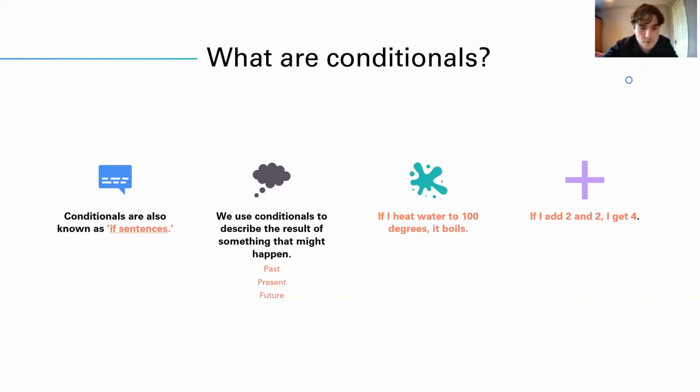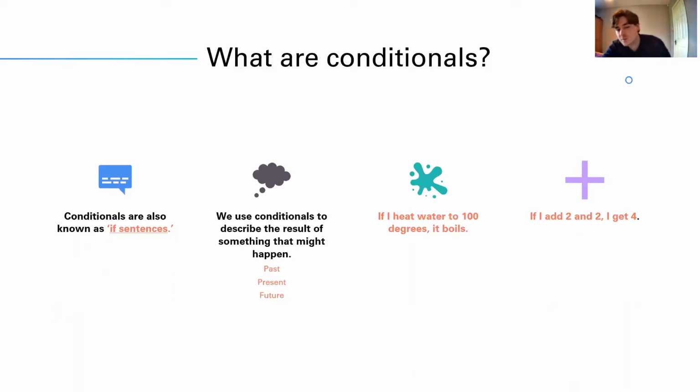We use conditionals to describe the result of something that might happen in the past, in the present, or in the future. For example, if I heat water to 100 degrees, it boils. This is a zero condition. Also, if I add 2 and 2, I get 4. This is also a zero condition.